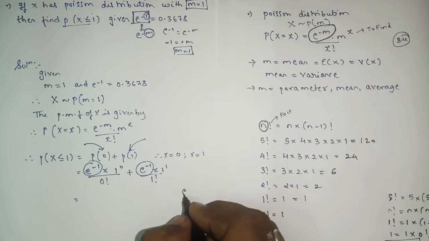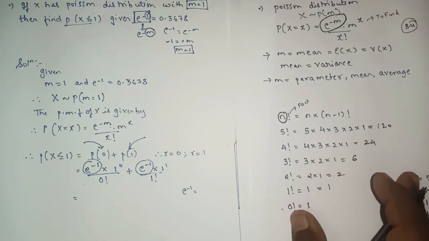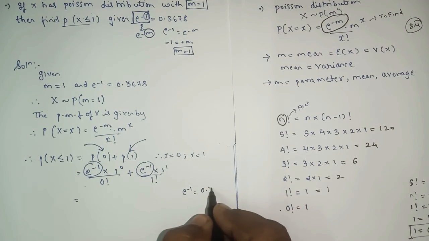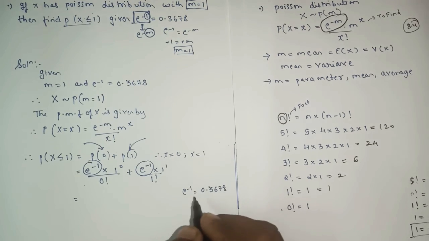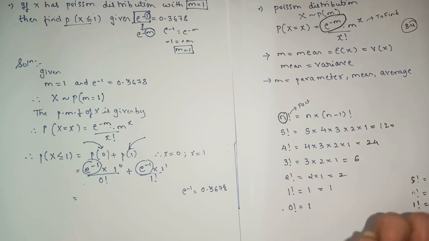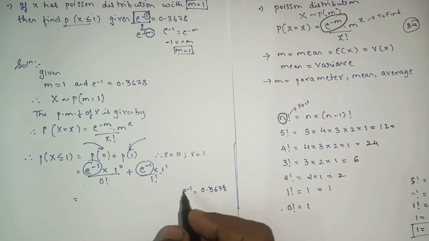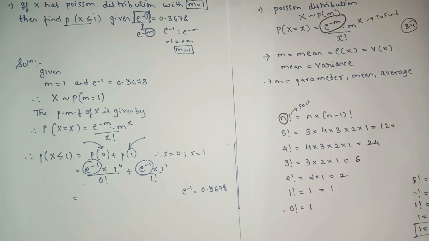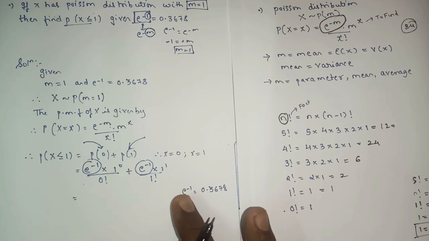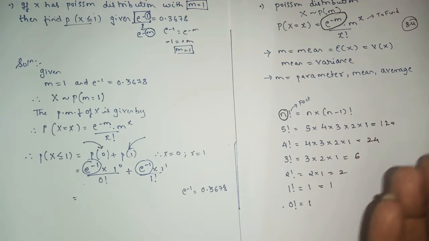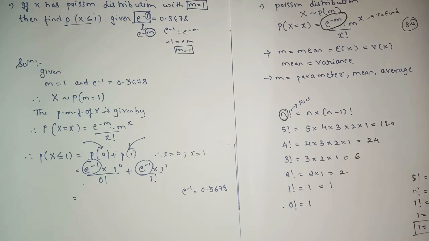This value will be given in each and every sum: e raised to minus 1, e raised to minus 2, whatever the parameter is for the question. So the e raised to minus m value will be there in each and every sum. We do not need to find it using any concept or formula, so you will have this ready-made value.